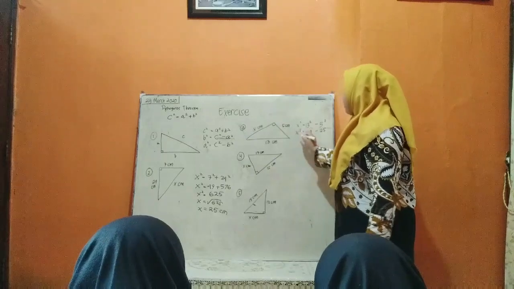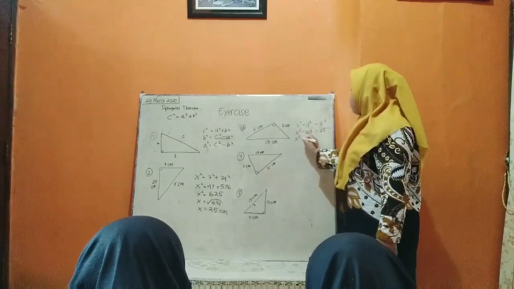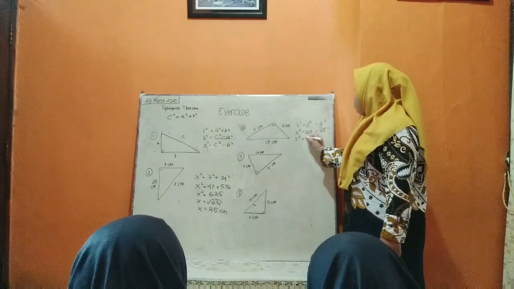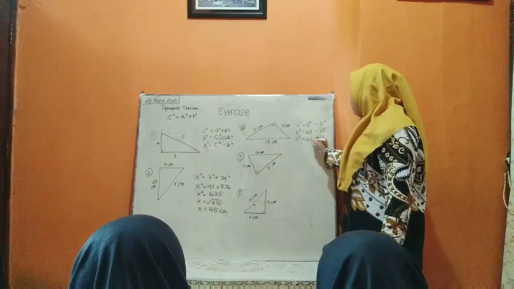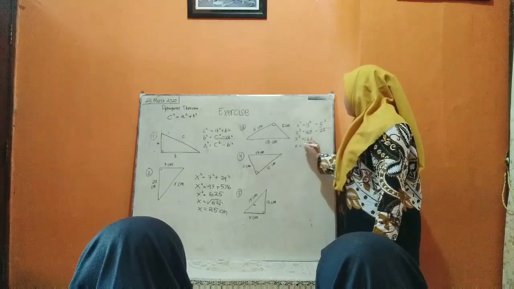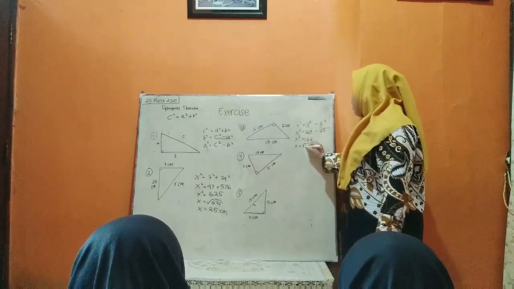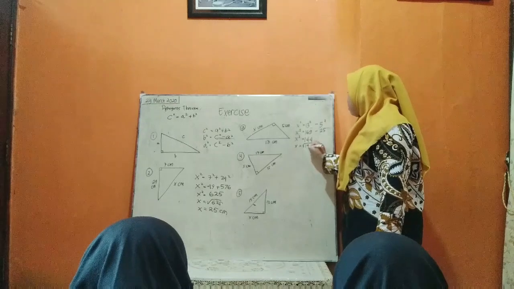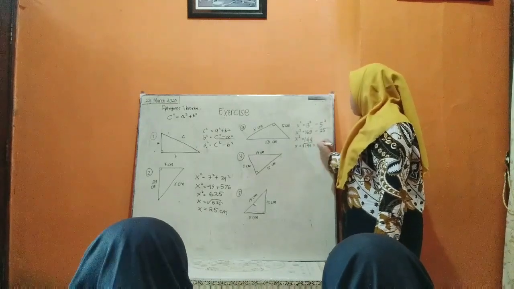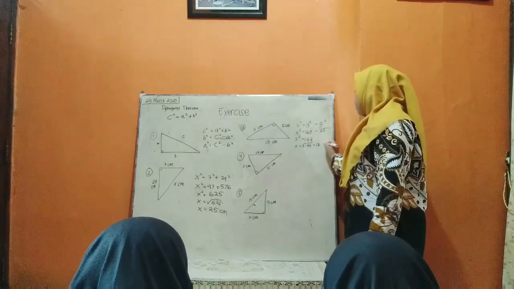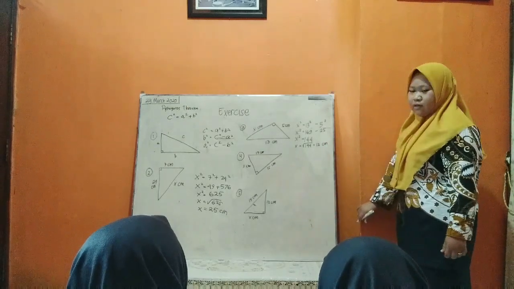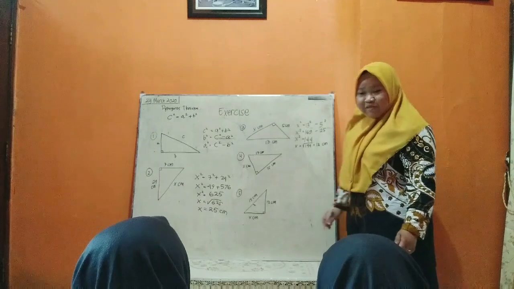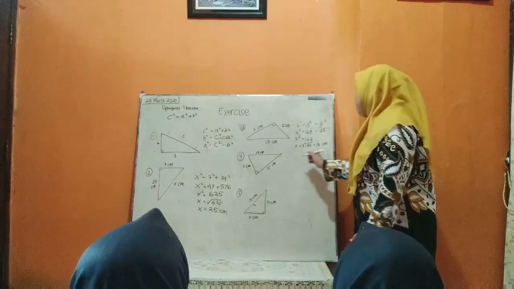It's x square. So x square is equal to 144. So x is the square root of 144, which is equal to 12 centimeters. Do you understand? Yes.